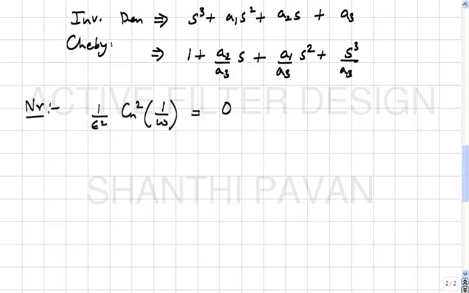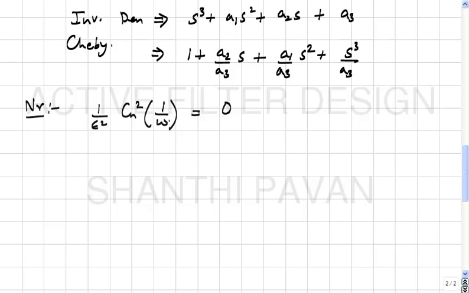To find the roots of the numerator, all that you do is equate Cn of 1 by omega to 0. And what are the omegas? Do you think they are going to be greater than 1 or less than 1? At what frequencies will the zeros of the inverse Chebyshev occur, after the stop band edge?